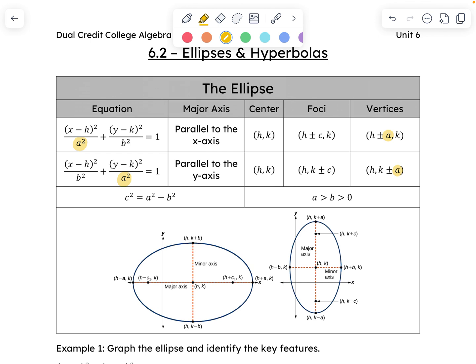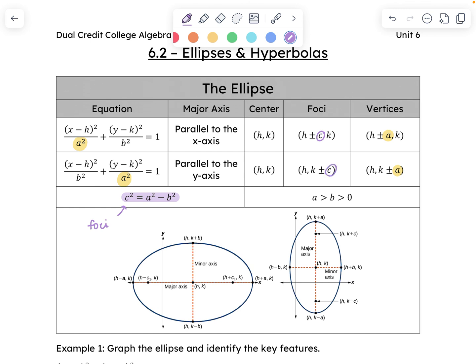Then the foci is where it gets a little bit, I don't want to say trickier, but a little bit more interesting. So that's what this equation is right here: c squared equals a squared minus b squared. Just to break it down, this c right here is going to help you get your foci.